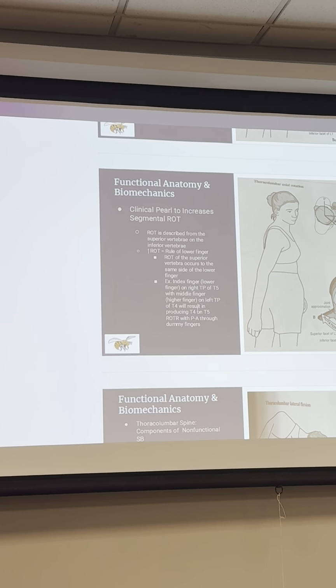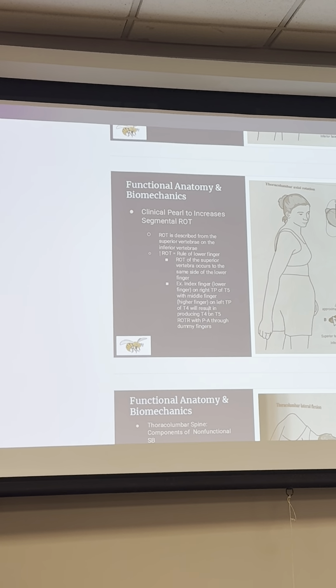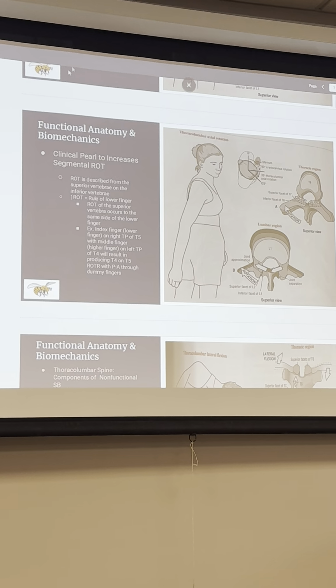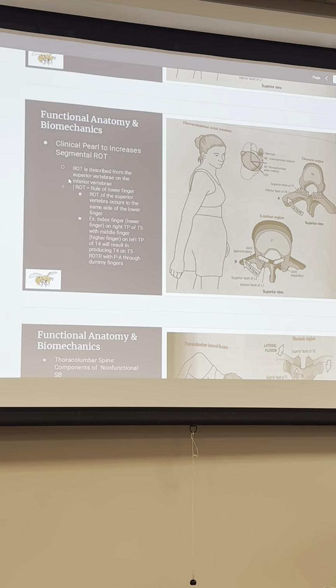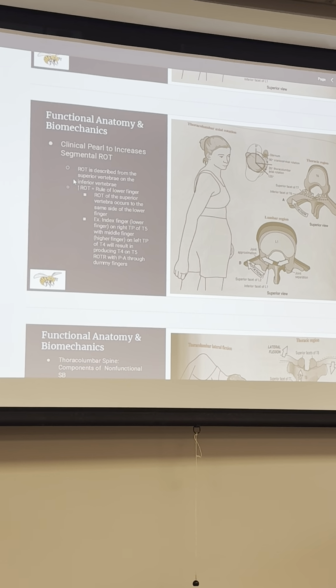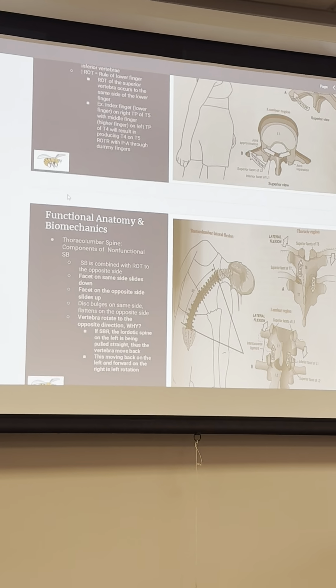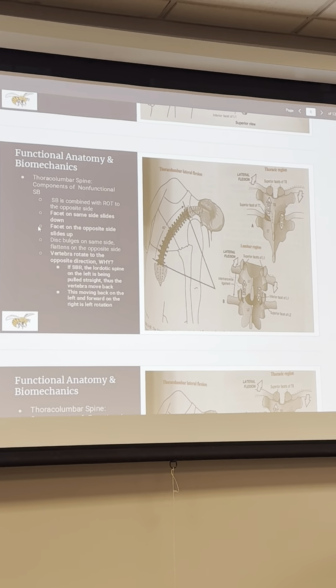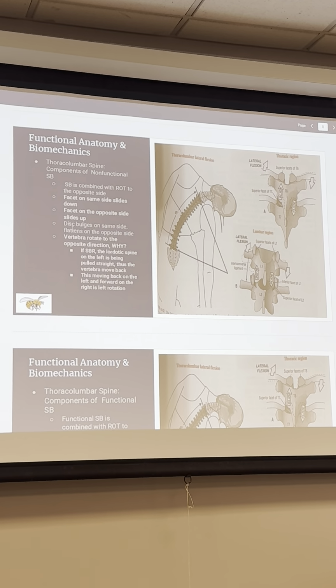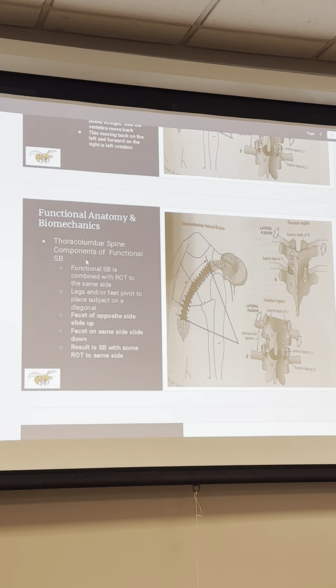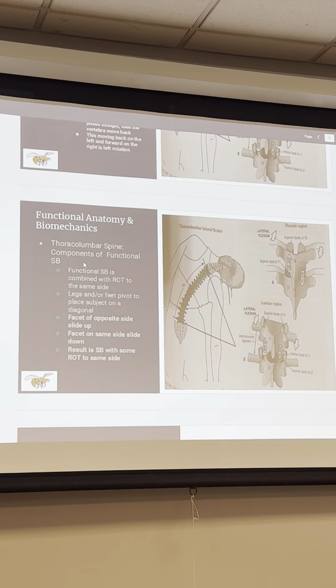But now, you could take it even further if you want to be able to explain how you're using this to improve side bending. Because what you would then have to apply is this: components of non-functional side bending and components of functional side bending, which is what I just explained.